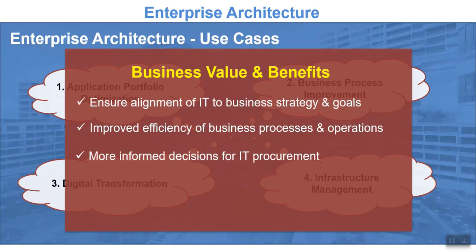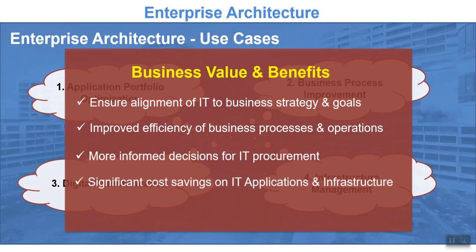We have seen how enterprise architecture helps us to make informed decisions. Now, this is mainly for intelligent spending on IT applications and infrastructure. We have seen also how enterprise architecture can bring significant cost savings when planning IT applications and infrastructure, or even for managing the existing landscape of applications and infrastructure.